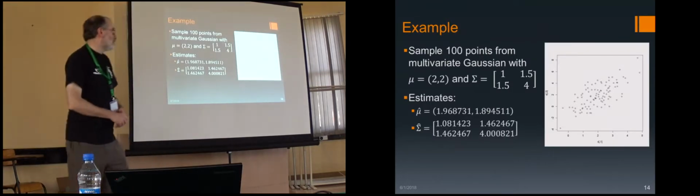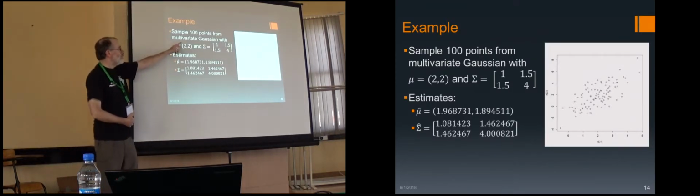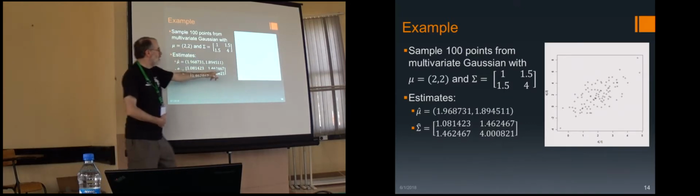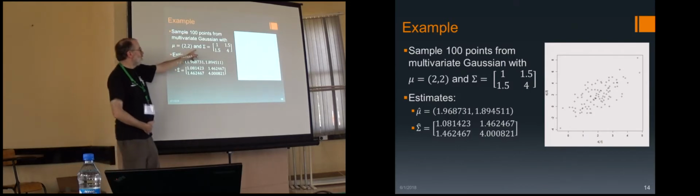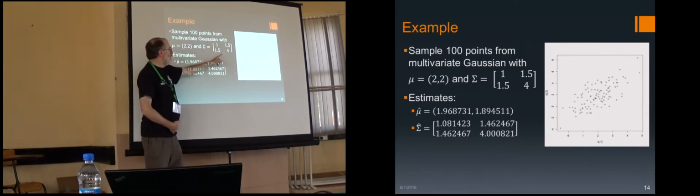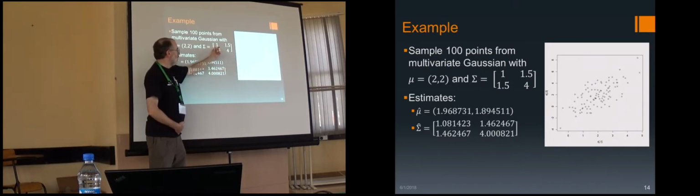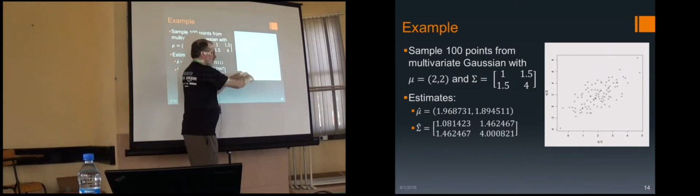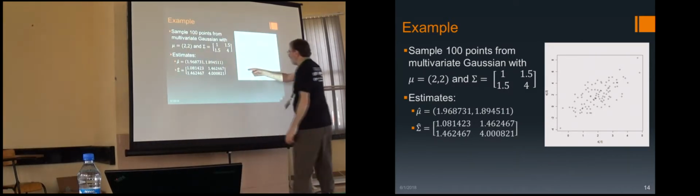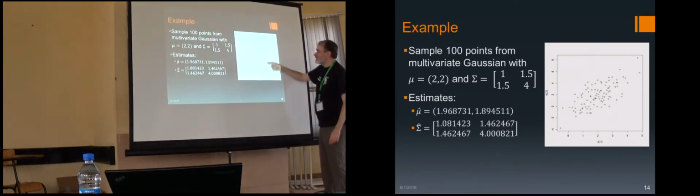Here's an example. I generated 100 data points from a 2-dimensional Gaussian in which the mean was 2, 2. So the mean point of this distribution is somewhere there. And the covariance matrix has this structure. The first dimension, x1, has a variance of 1. If we projected this down onto this axis, it would have a distribution with a variance of 1.